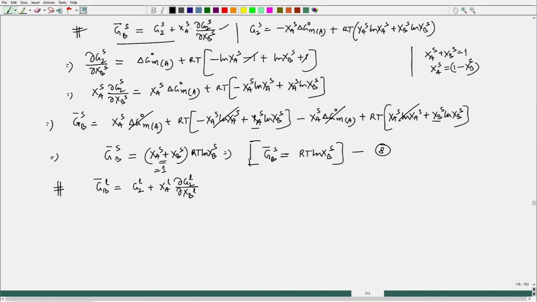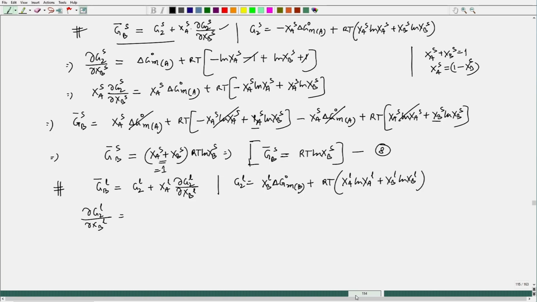If I try to find this quantity, G2L is equal to XB delta G naught B plus RT times XA liquid ln XA liquid plus XB liquid ln XB liquid.